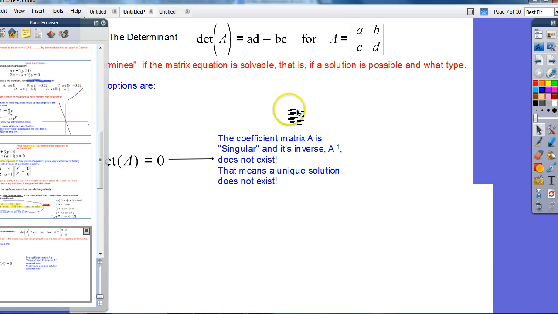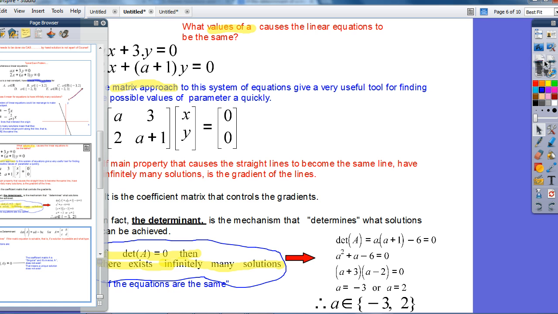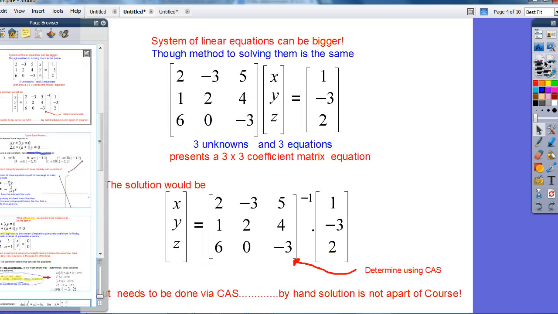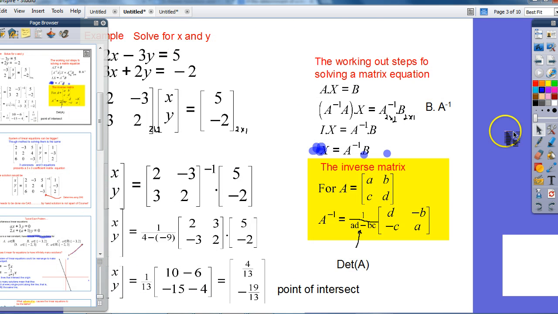It's not going to exist because, let's have a look at the equation for an inverse matrix. There's the inverse matrix rule, and there's the determinant, AD minus BC. If that is 0, we're going to have 1 divided by 0, and 1 divided by 0 is undefined. That means A to the power of negative 1 will not exist, regardless of what the elements inside the matrix are.